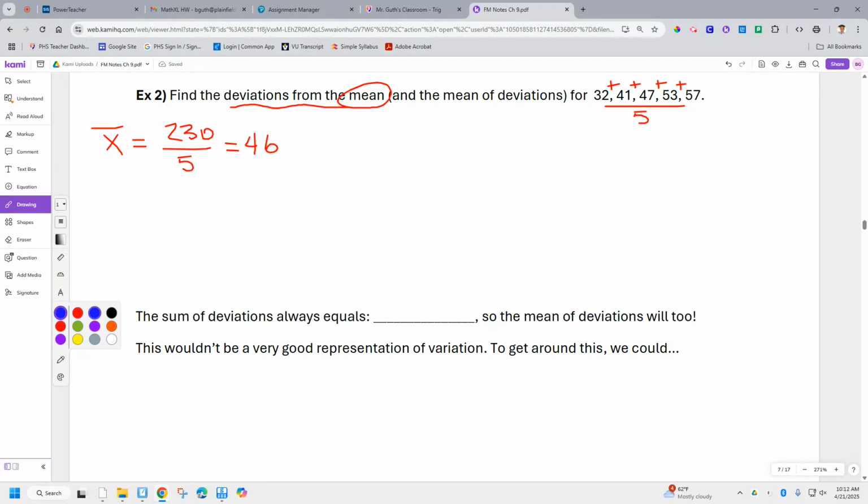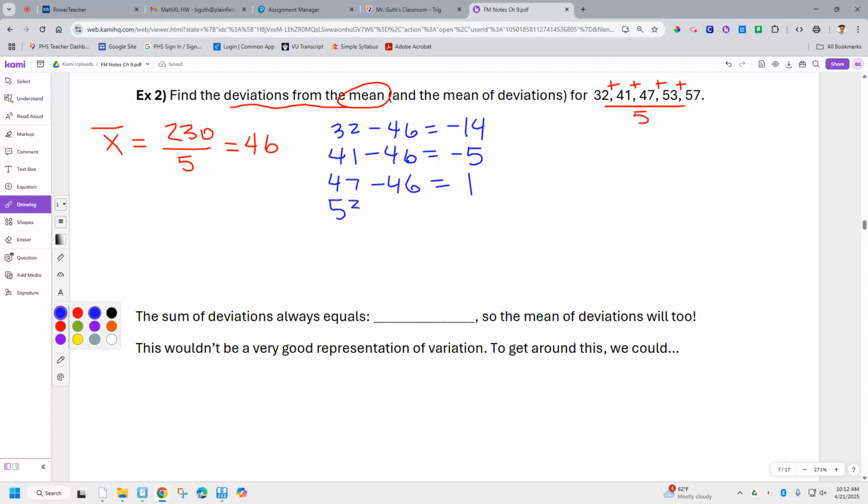Let's look at it like this. First number is 32. If you subtract 46, that's a difference of negative 14. 41, if you subtract the mean, that's a difference of negative 5. We're talking about it's 14 below the mean. It's 5 below the mean. That third number, 47, is 1 above the mean.